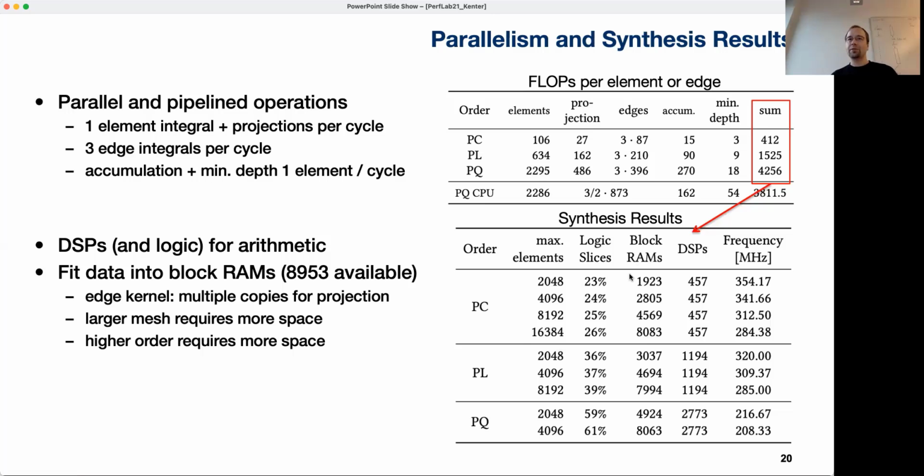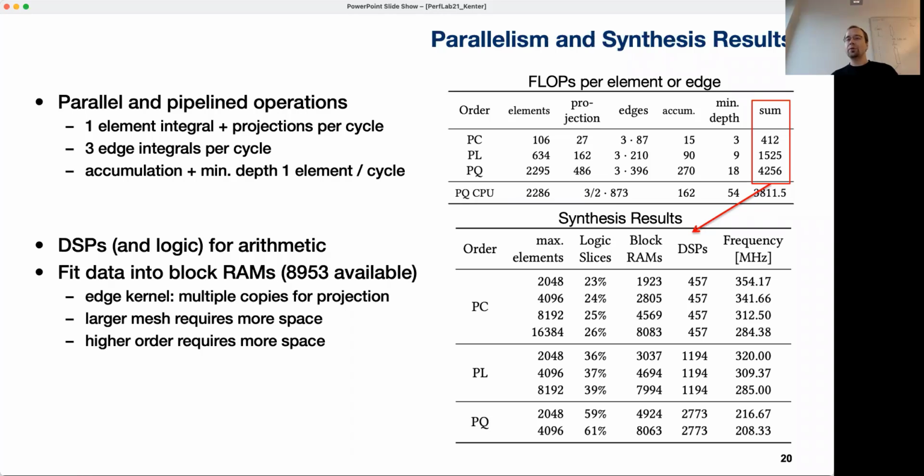So we see that for the smaller piecewise constant design, we can fit more elements, which makes sense because in the piecewise quadratic design, we have more unknowns per element. So depending on the discretization, we can have a certain upper size of meshes supported at this point.